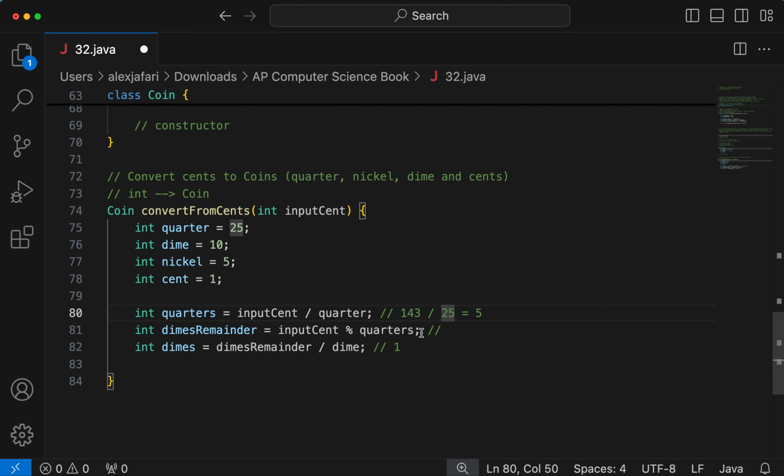That gets us up to 125, right? Okay. What is going to be the remainder of this? 143 modulo 25. It's going to be 18. Great. So then, what is 18 divided by 10?